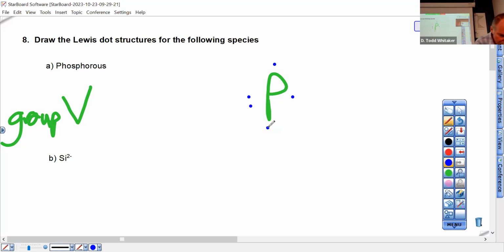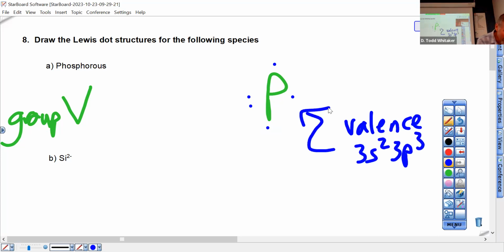Valence was 3s2, 3p3. And that's what led to that. S2, they stay together. That's what it means. And when the p's fill up, they do single first, and then they start doubling.